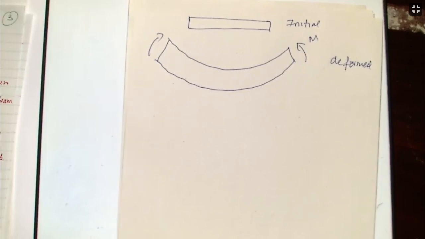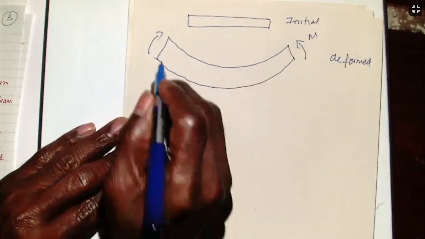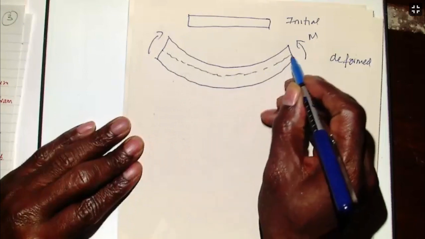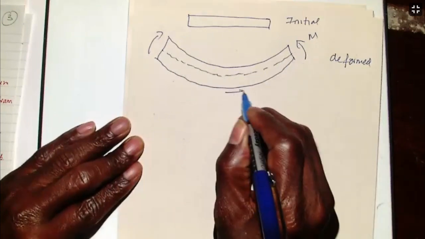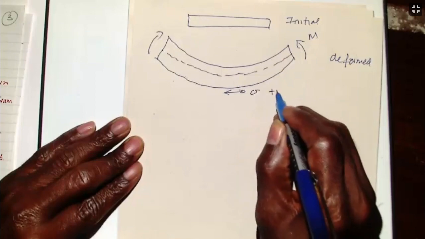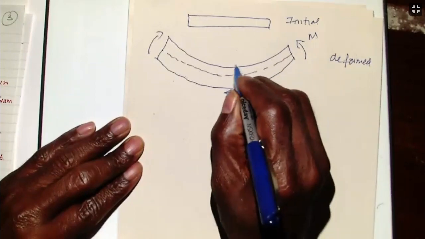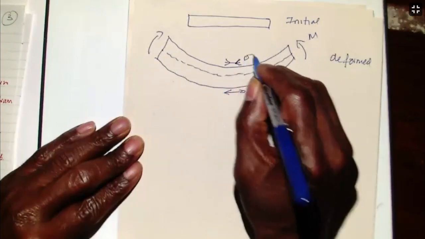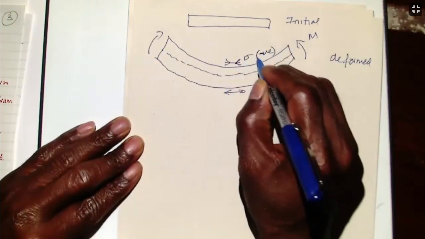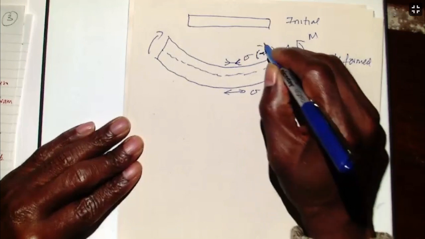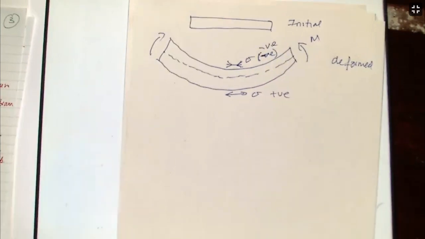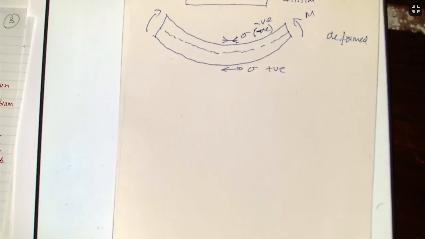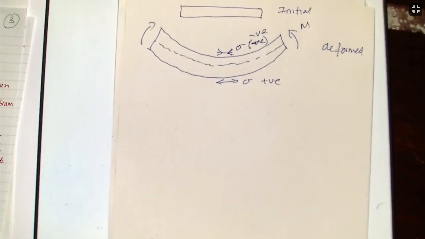But we've just said that if we take the neutral axis, which is the point along which there is no stress, we're going to have here stress which is positive along there. We're going to have here stress which is negative. Sorry. At the top is under simple compression, at the bottom is under simple tension.